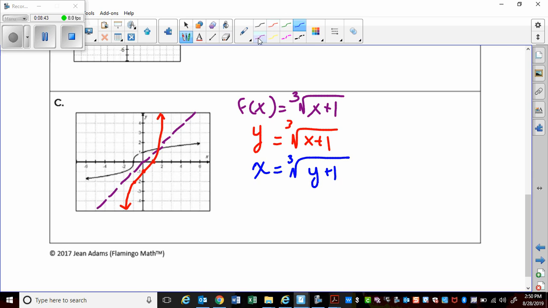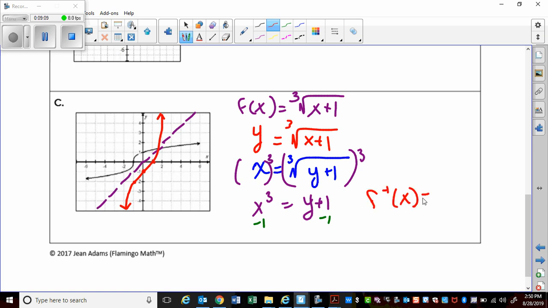Now I'm going to cube each side to get rid of this cubed root. X cubed is x cubed. The cubed root of something cubed, they cancel each other and we just get y plus 1. And my last step is to subtract 1 on both sides. So my answer, this is the inverse, x cubed minus 1. That's it.